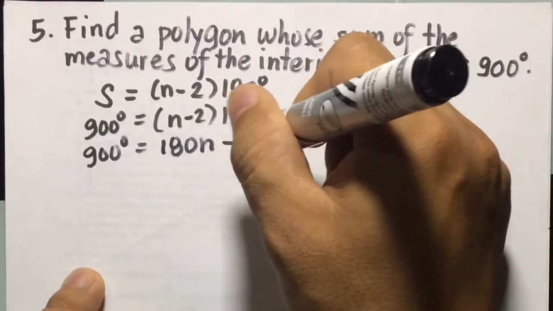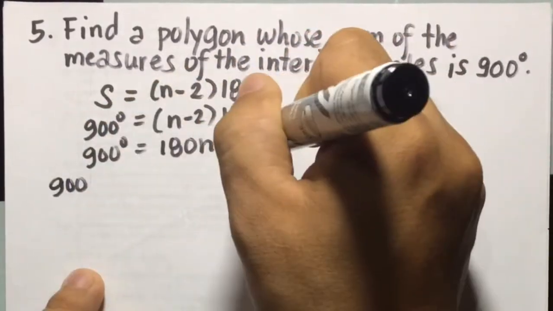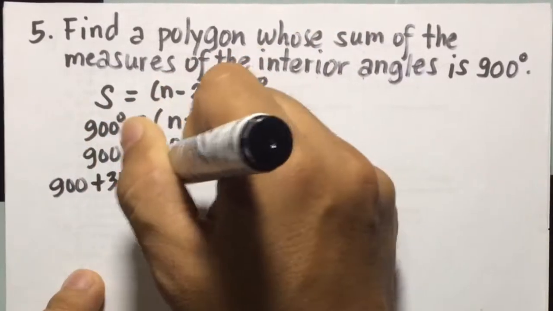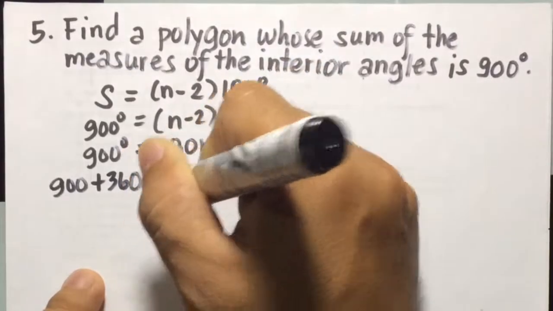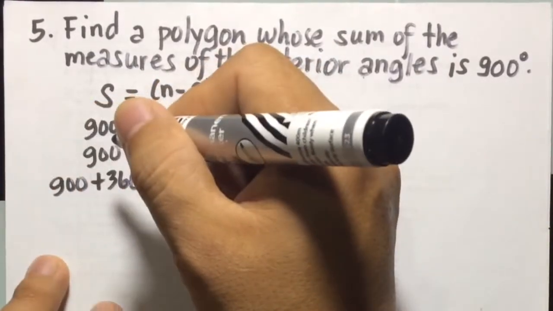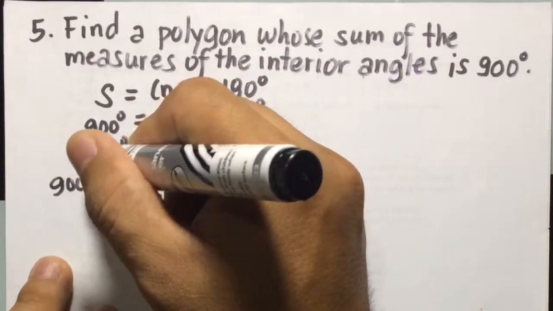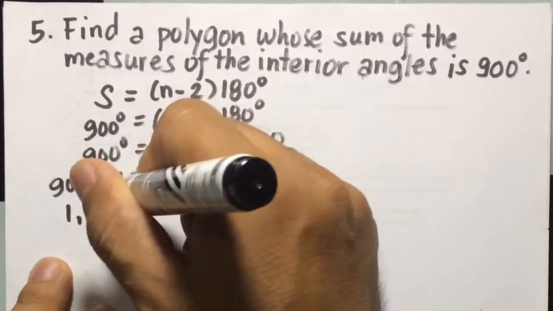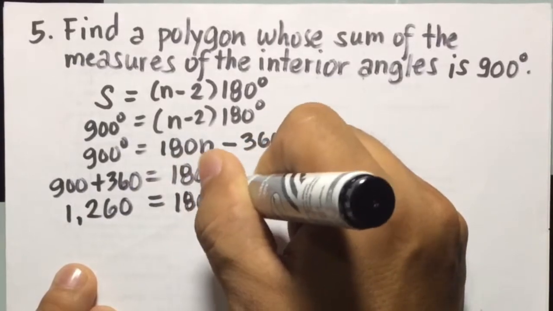Then transposing this to the left side, we're going to have 900, negative 360 will become positive 360, equals 180n. Then 900 plus 360 will be equal to 1260. This is equal to 180n.